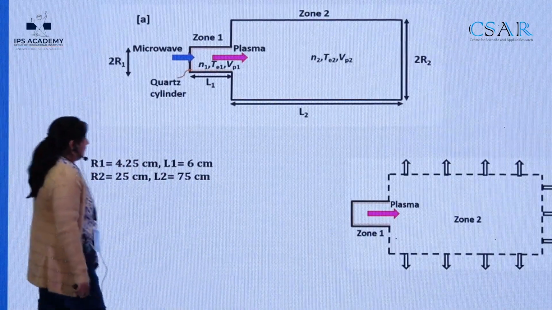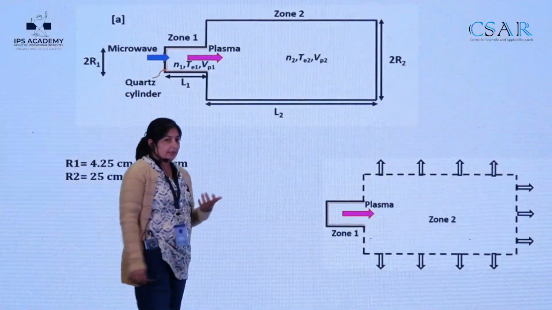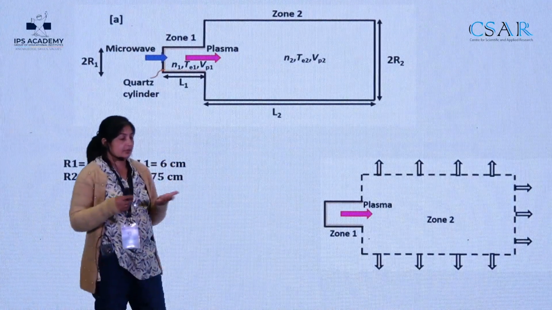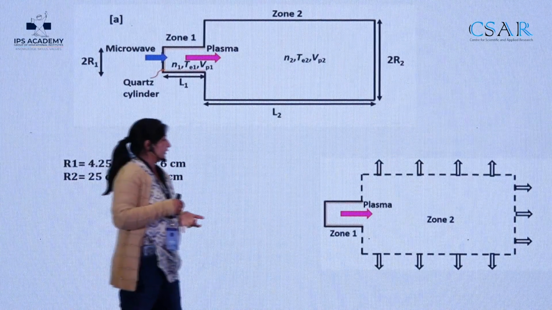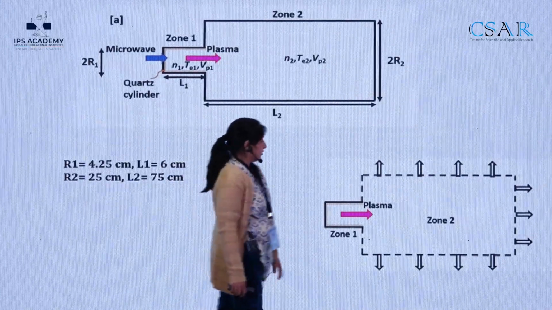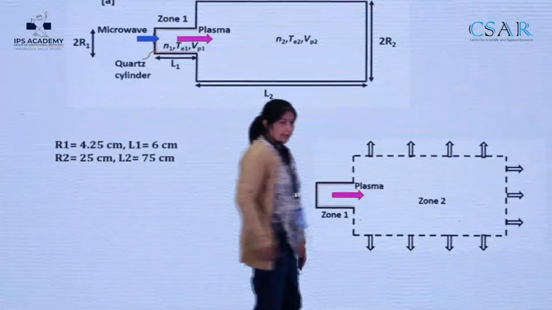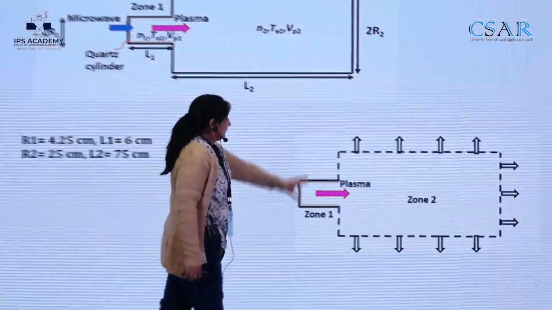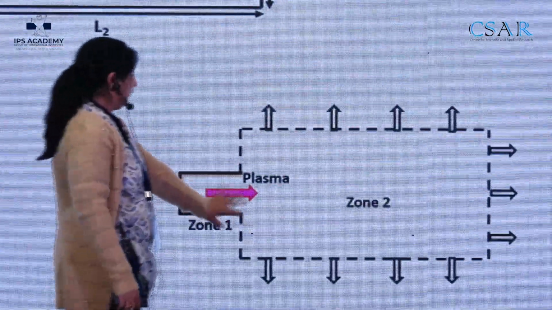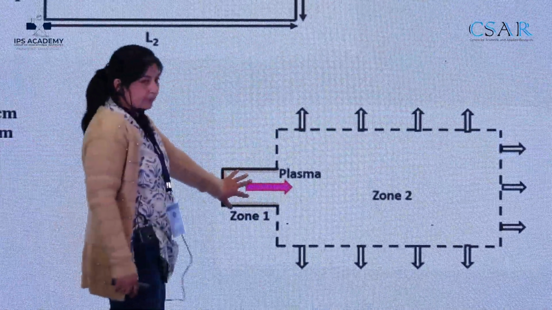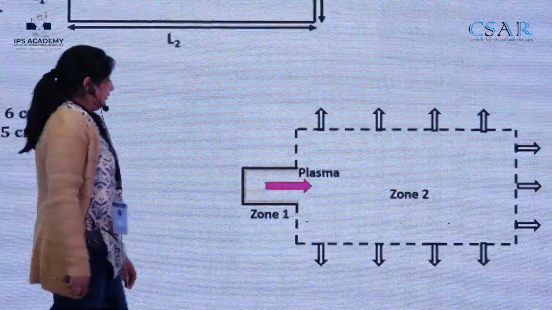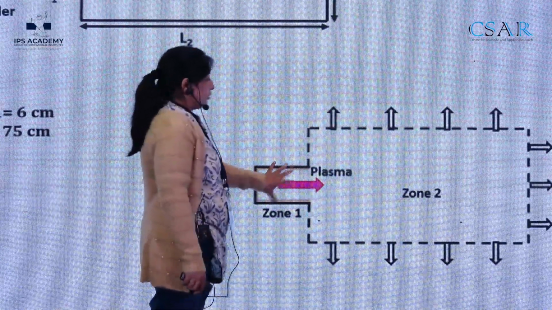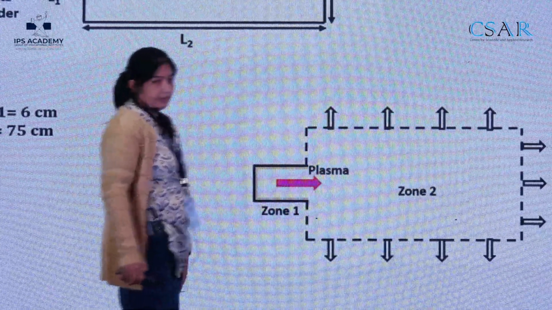In the next step, just to mimic the space-like conditions where the thruster will be utilized, there will be no walls. So we receded these walls away, to the position where the walls have no effect on the source performance. Then we write those equations for zone 1 and zone 2 and we compare the parameters.